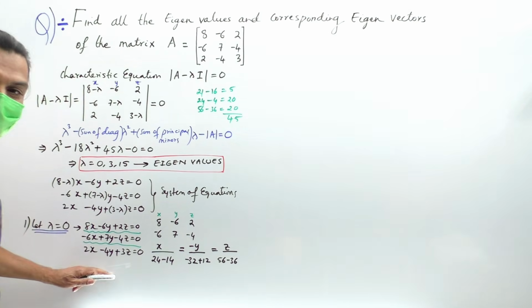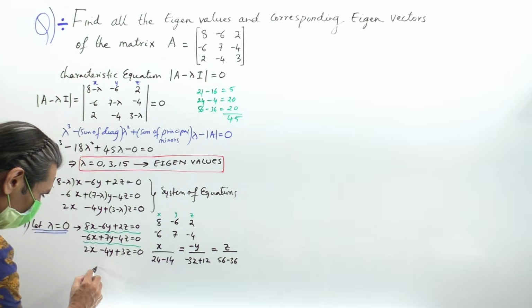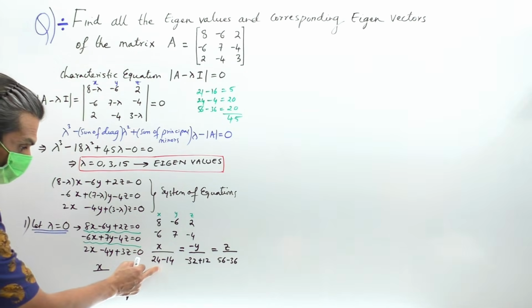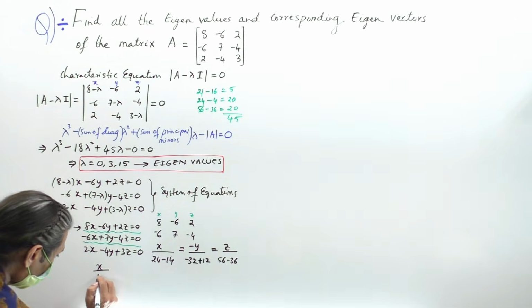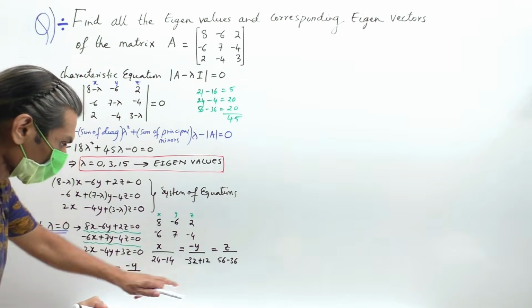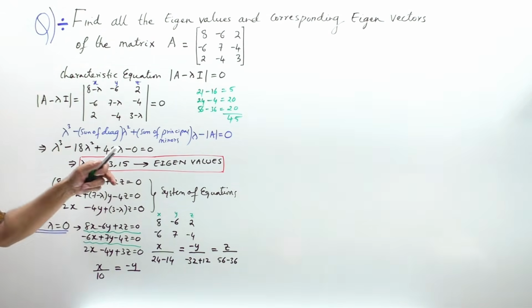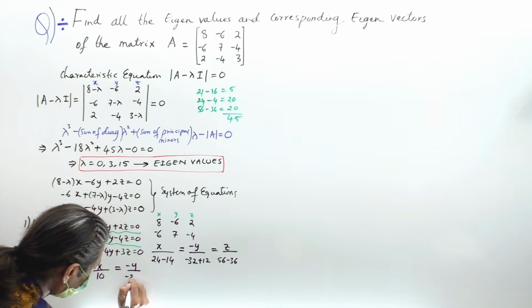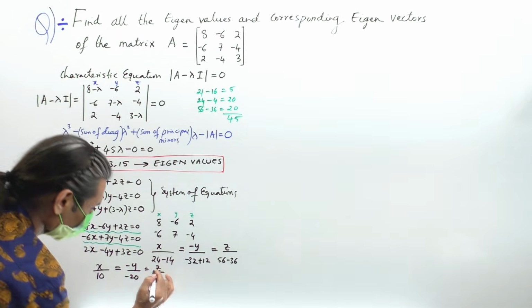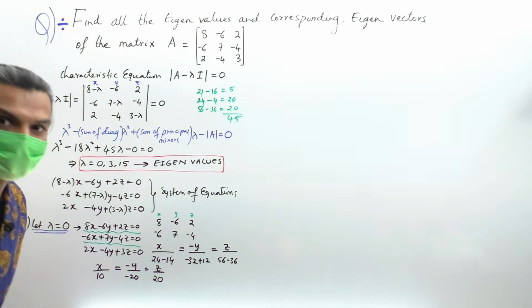If I write it here, this will be x by, what does that tell me? 24 minus 14 is 10, equals minus y by minus 32 plus 12 is minus 20, is equal to z by 56 minus 36, which is 20.